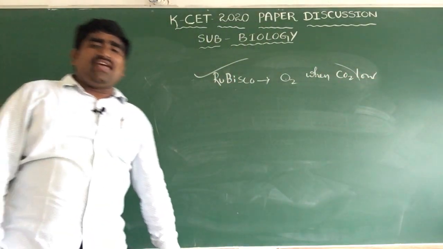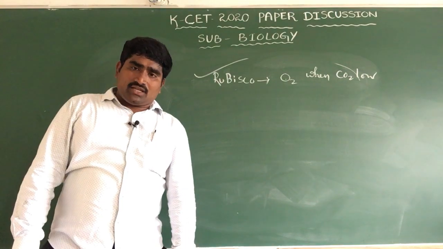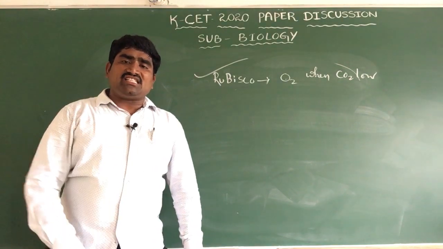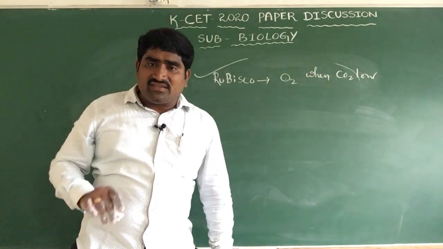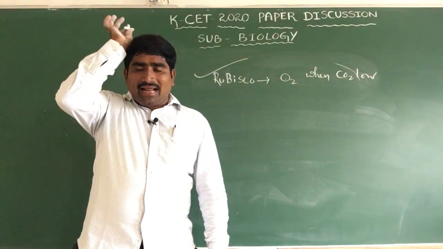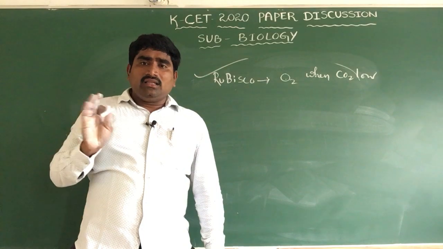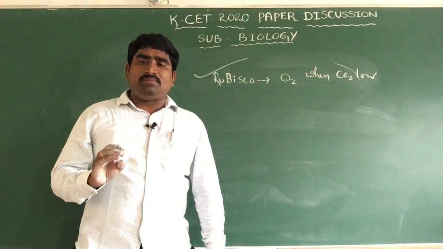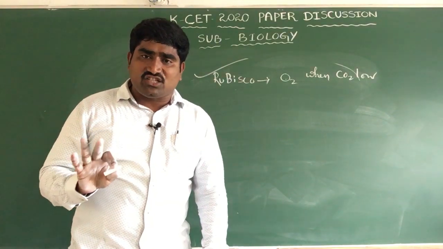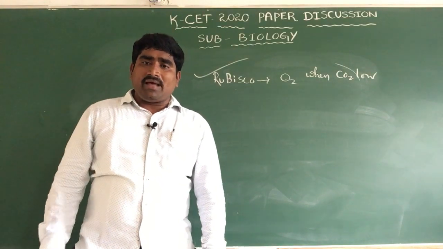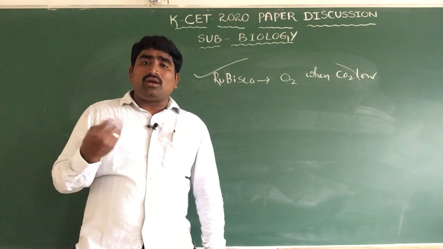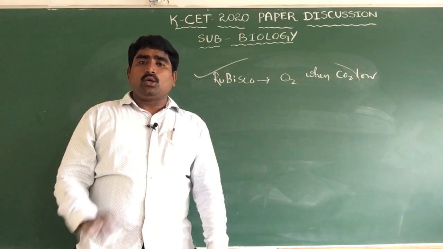The proof is photorespiration. When carbon dioxide concentration is less, Rubisco undergoes the photorespiration reaction, as we have seen already. The photorespiration reaction is because of less carbon dioxide concentration only. That was avoided by C4 plants by providing more carbon dioxide concentration to the Rubisco enzyme.